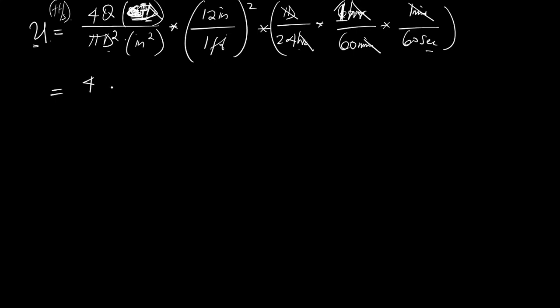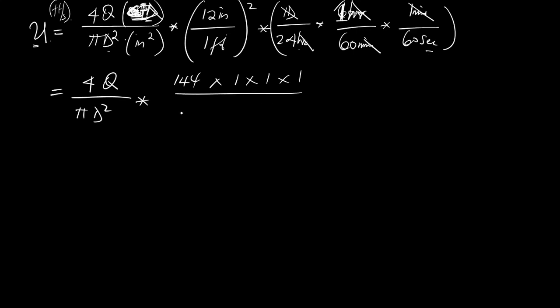4Q divided by pi d square times this 12 square will now give you 144 times this is 1 times 1 times 1 divided by 24 times 60 times 60 will give you 3600 seconds.